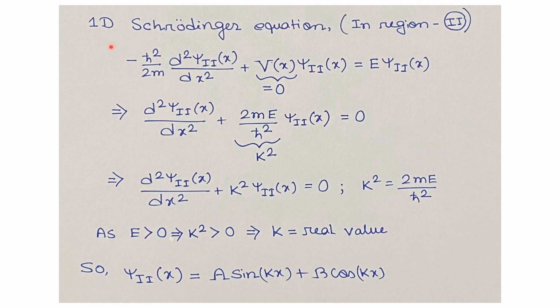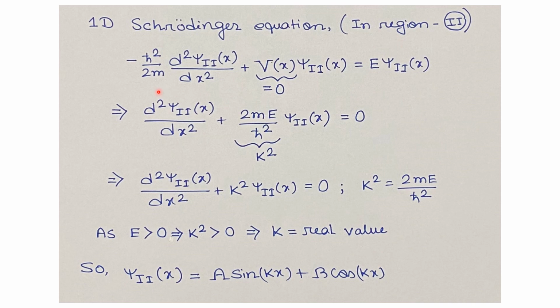Now we will solve the one-dimensional Schrödinger equation in region 2, that is for x greater than minus a by 2 but less than a by 2, to get the particle wave function in this region.